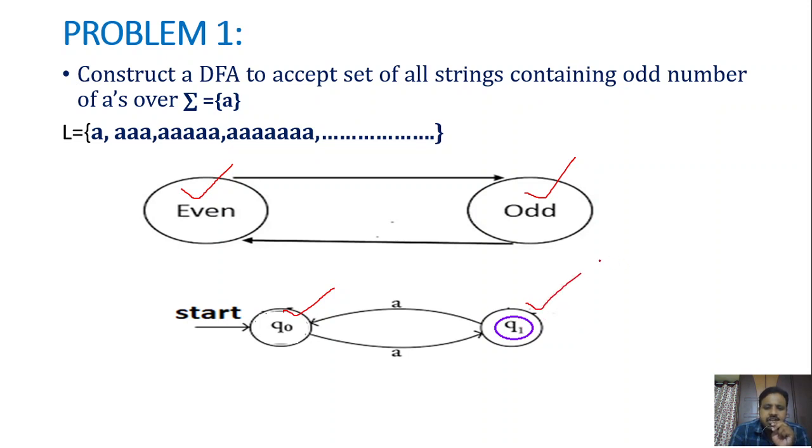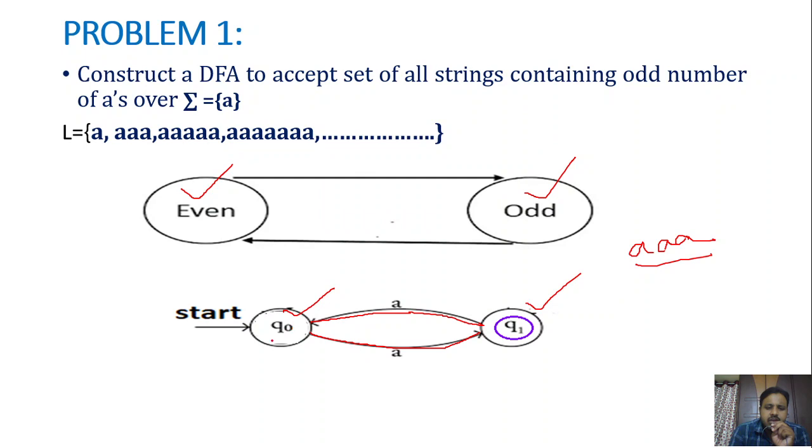Let me check with triple a. Is it accepted? Yes. We start with the state Q naught. If we get the first a, we go to the state Q1. Next a, the second a: since you are in state Q1, if you get another a, you move from Q1 to Q naught.